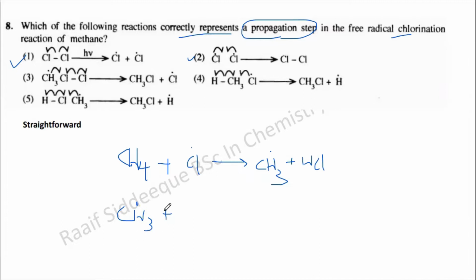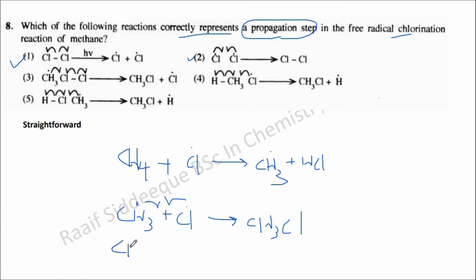This CH3 radical that is formed after the first propagation step can be attacked by Cl radical, same here, to form what? CH3Cl, right? Like this.